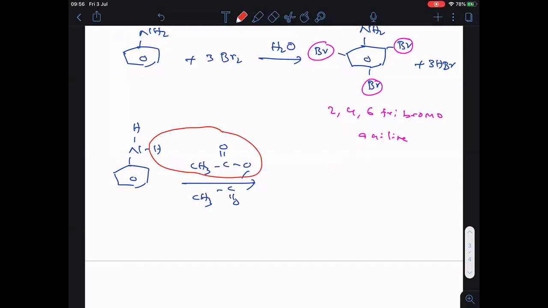Now, after removing the acetic acid, the thing left over is NH, C double bonded O, CH3. So, this is called acetanilide.